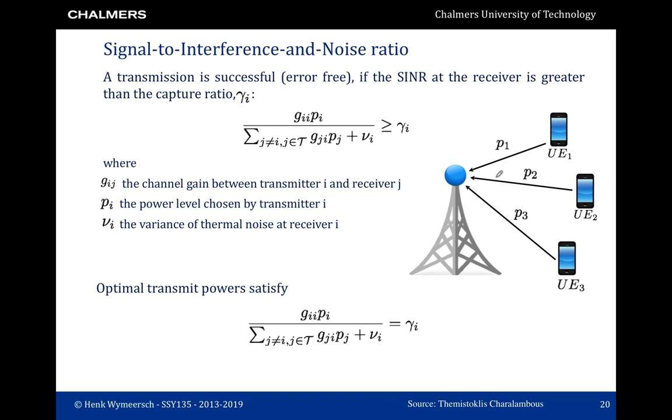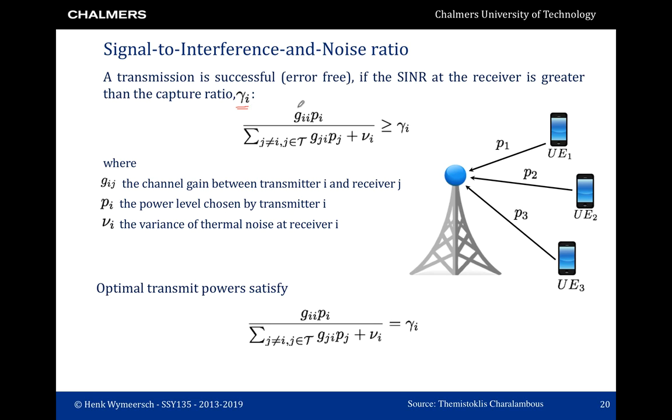Let's suppose we have three users that each transmit with their own power, P1, P2, and P3, to a common base station. For the base station to recover the signal from a certain user, user i, it needs to have an SINR greater than some threshold called the capture ratio gamma i. This gamma i can vary user by user.